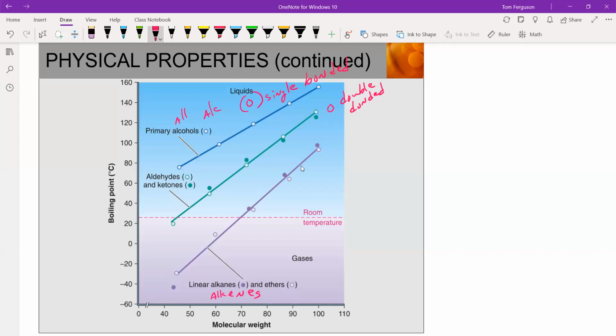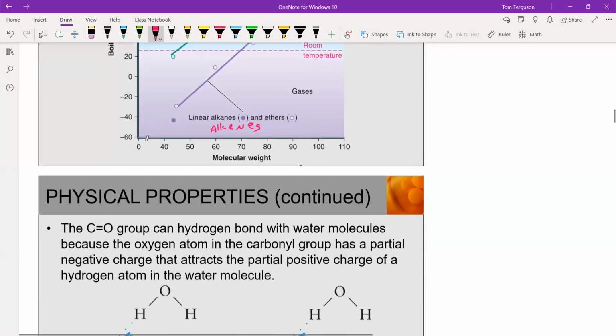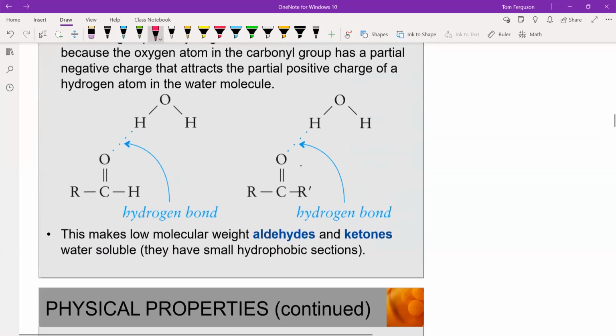Double bonded oxygens are less polar. Now we're going to get a combination of a single bonded carbon oxygen and a double bonded oxygen when we get to organic acids, and those are going to be even more polar. So those are going to be up high up here. But know this relationship here. Again, because of the oxygen, we've got polarity there.